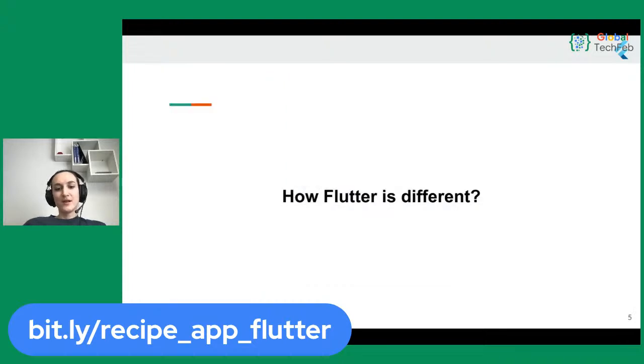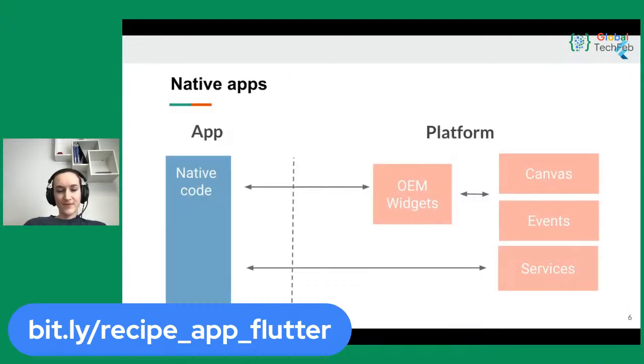Let's continue. So how is Flutter different? If you develop an app natively, for example, on the Android platform or iOS, the app talks to the platform to display OEM-specific widgets. OEM-specific widgets are widgets that are provided by a manufacturer.